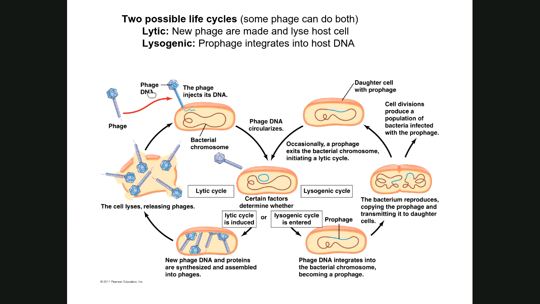When a bacteriophage or a phage is successful in inserting its genetic information into a bacterial cell, what was discovered is that the infected host cell will be taken into one of two life cycles. It'll either be taken into a lytic life cycle or a lysogenic life cycle.